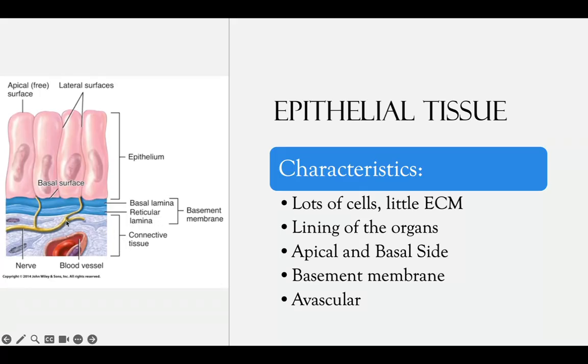Okay, so it's kind of interesting. Epithelial tissue has its own nerve endings and whatnot, but it does not have its own vasculature. So it's always going to have connective tissue underlying it, so that connective tissue can bring nutrients via the blood vessels and also remove waste from the epithelial tissue, again, via blood vessels.